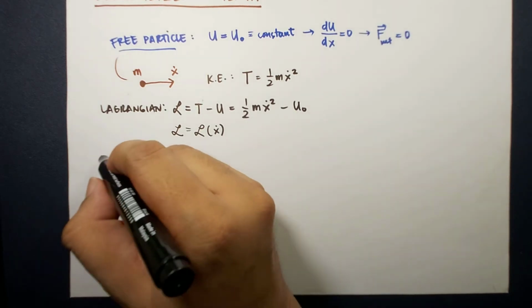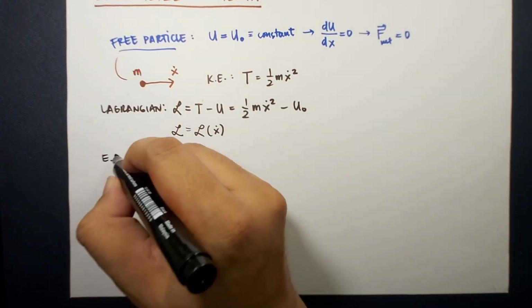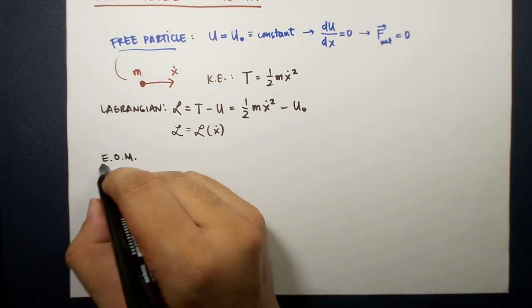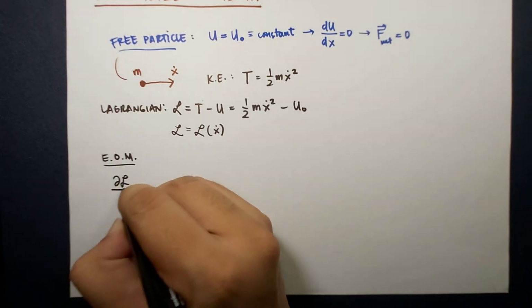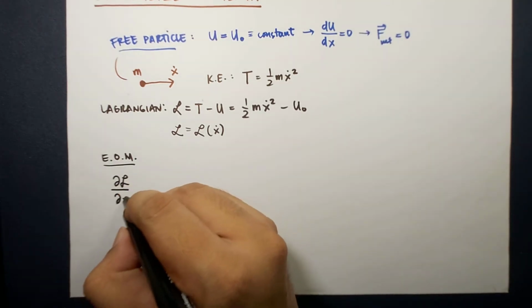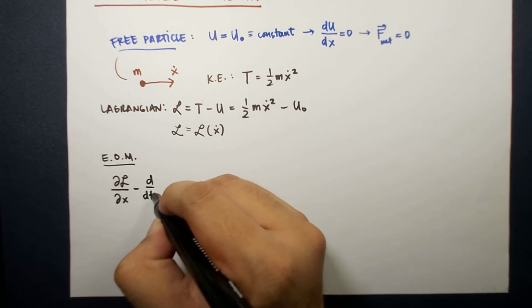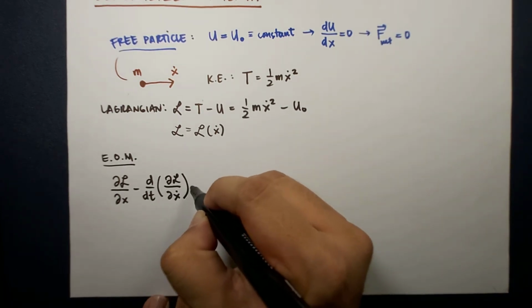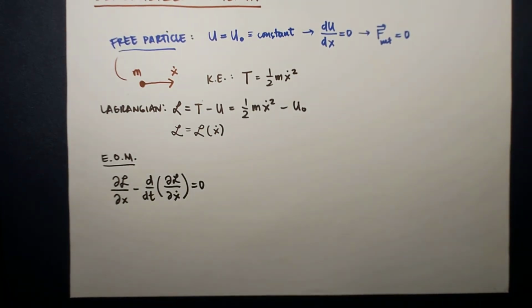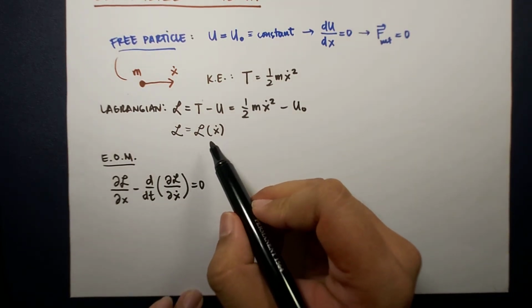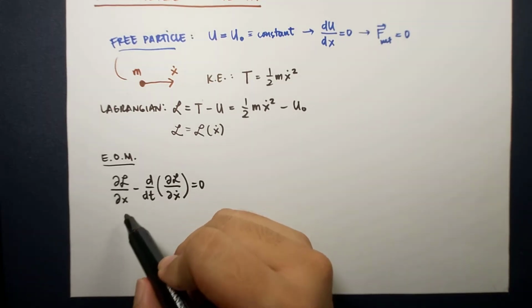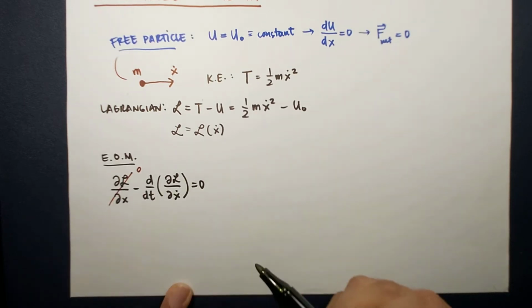Therefore, the equation of motion of this particle can now be rewritten as the partial derivative of L with respect to x minus the total derivative with respect to time of the partial derivative of L with respect to x dot, and this is equal to 0. We already know that the Lagrangian is only an explicit function of the velocity. Therefore, the partial derivative of the Lagrangian with respect to position is 0.